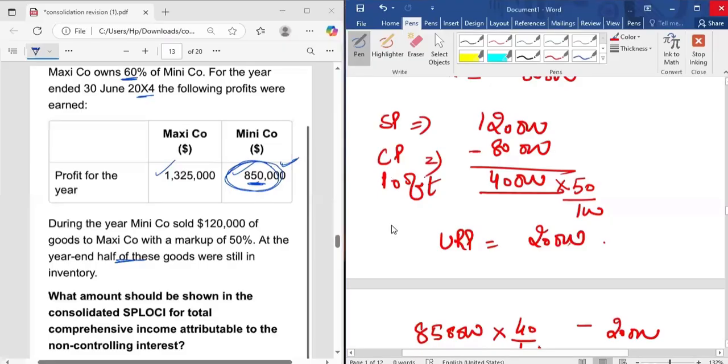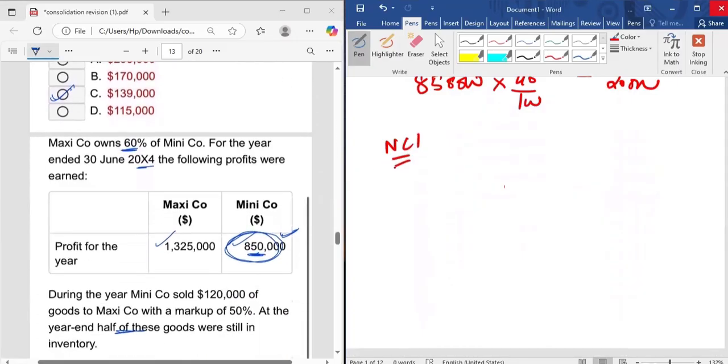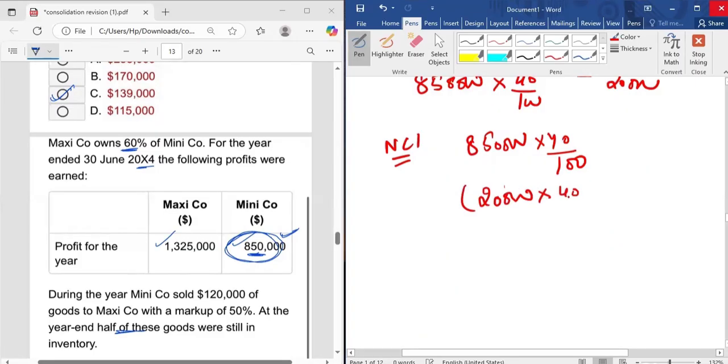So guys, see here, we have to calculate NCI's share, right? So see, the total profit of Mini company is 8,50,000. So NCI will have a share of 40%. And the URP which we will deduct here is the portion which relates to NCI. So our total unrealized profit was 20,000. We will take 40% of this figure because NCI's share is 40%.